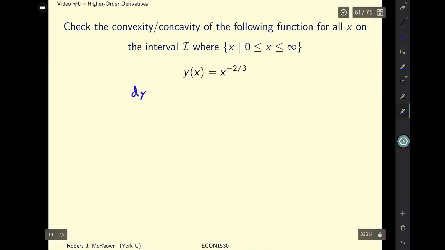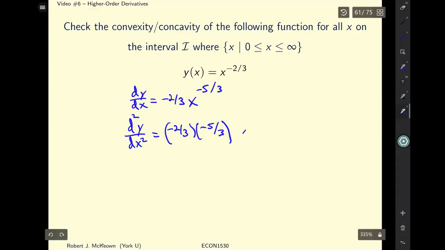We've got dy over dx is equal to negative 2 over 3 x to the negative 5 over 3. And, ooh, this is going to get ugly. The second derivative is going to be negative 2 over 3 times negative 5 over 3 times x to the negative 8 over 3.